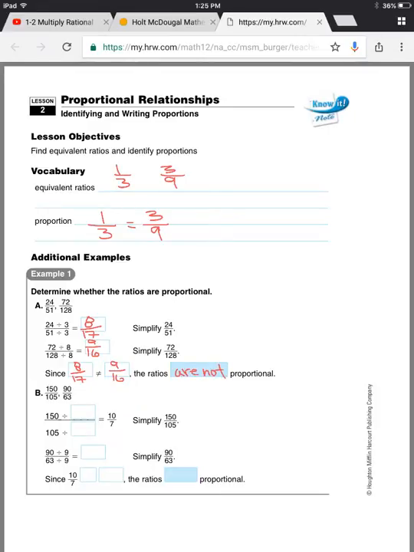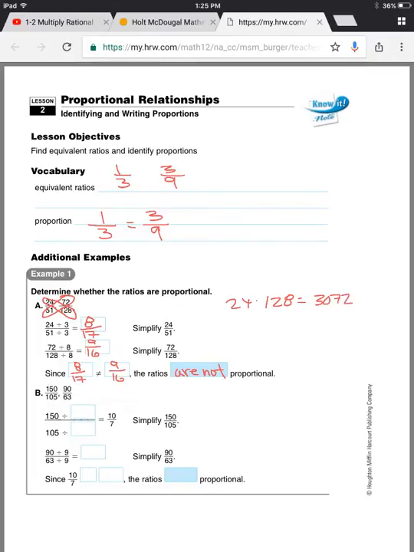Another way to do this is to multiply your cross products. And when you do that, you would multiply 24 times 128. And when you do that, you get 3,072.